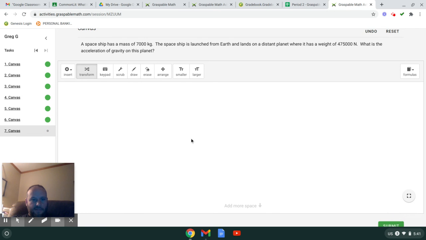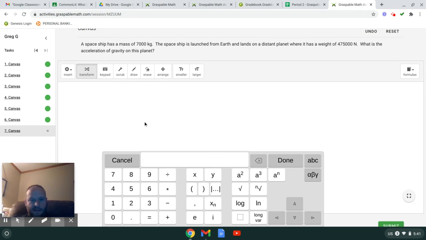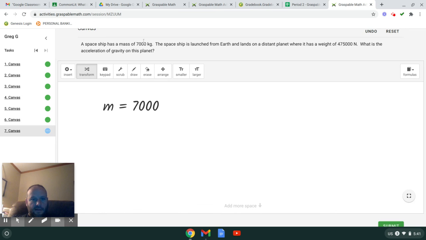And then the last problem here says a spaceship has a mass of 7,000 kilograms. So let me insert my mass equals 7,000. And the spaceship is launched from Earth and lands on a distant planet where it has a weight of 475,000 newtons.